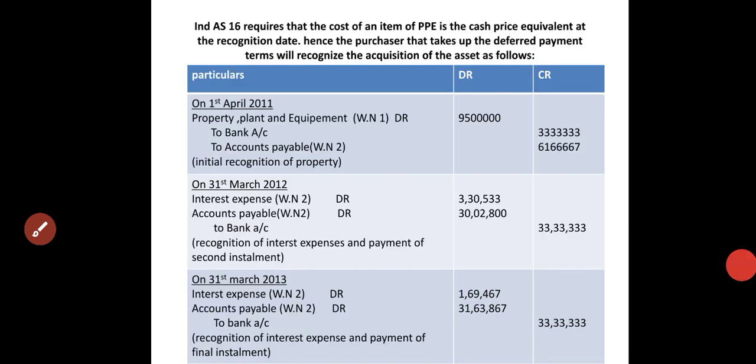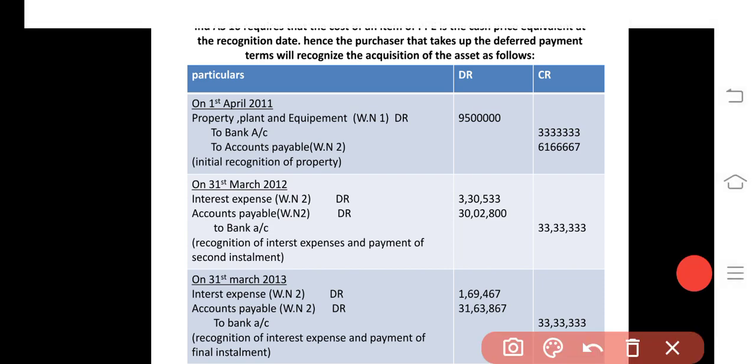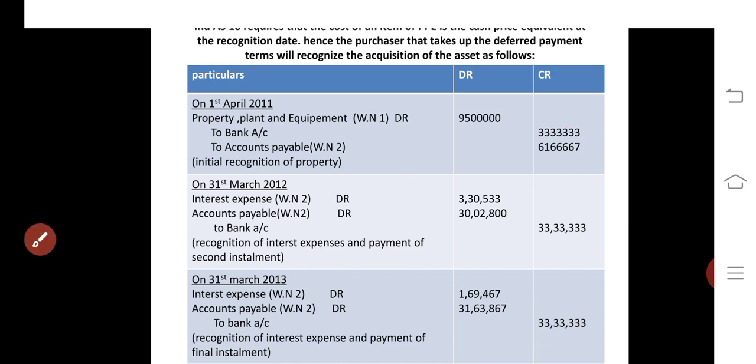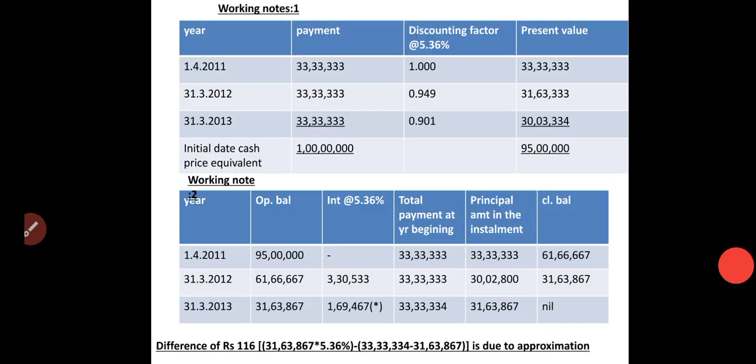And to bank account is the first installment. So accounts payable is the closing balance of the first year. Initial recognition of property.